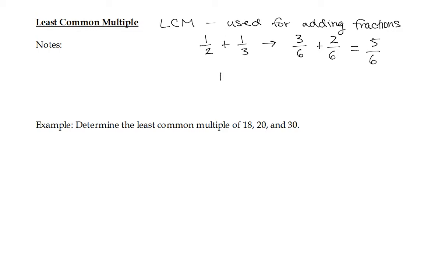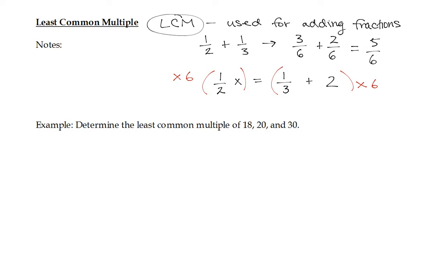Also, let's say you had 1/2 x equals 1/3 plus 2. If that was your equation, this is like, oh my gosh, I cannot solve this equation. But if I use the LCM in a clever way, let's just times this side of the equation by 6 and times this side of the equation by 6.